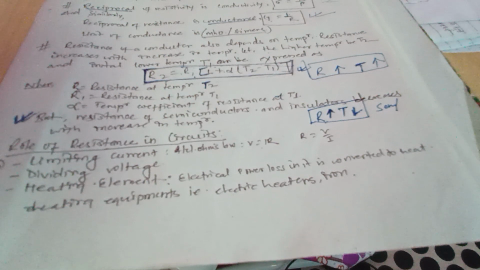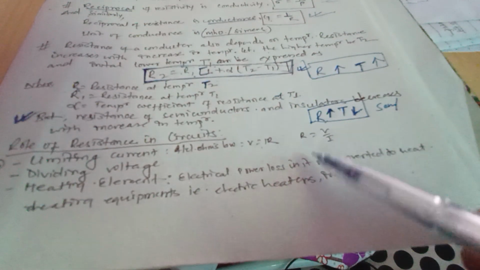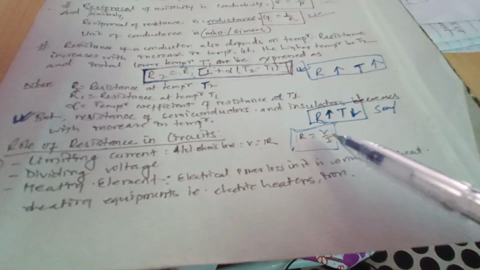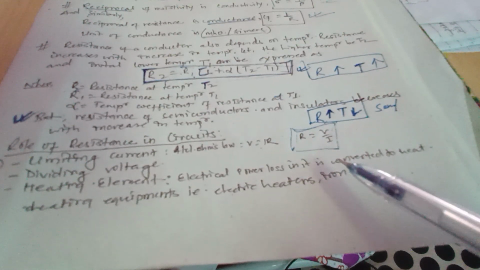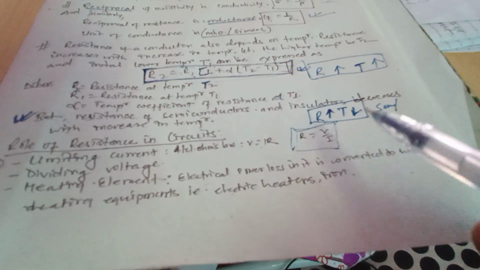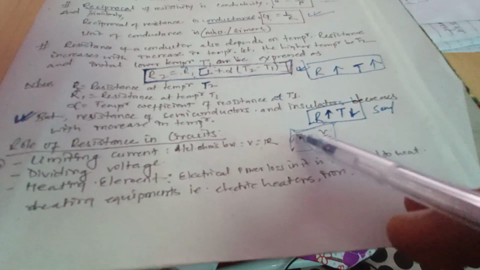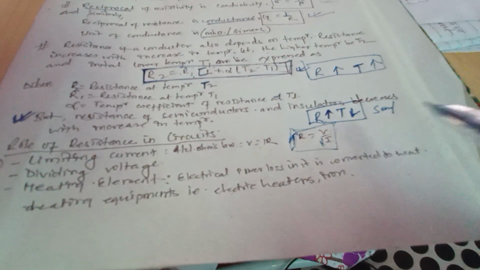According to Ohm's law, if the voltage in a circuit remains the same, the current will decrease if resistance increases. From R equals V by I in Ohm's law, current decreases if resistance increases, because they are inversely proportional to each other.